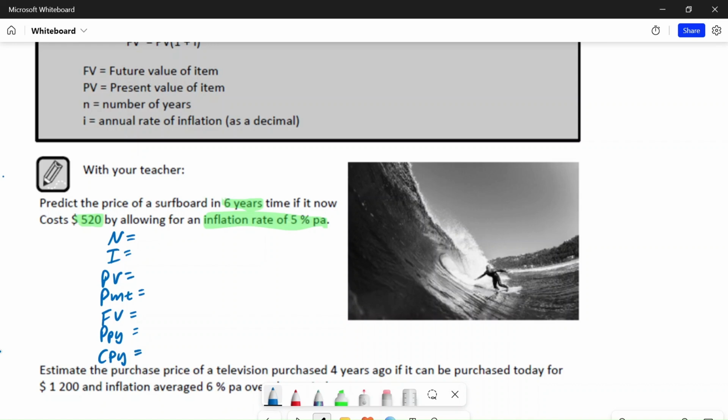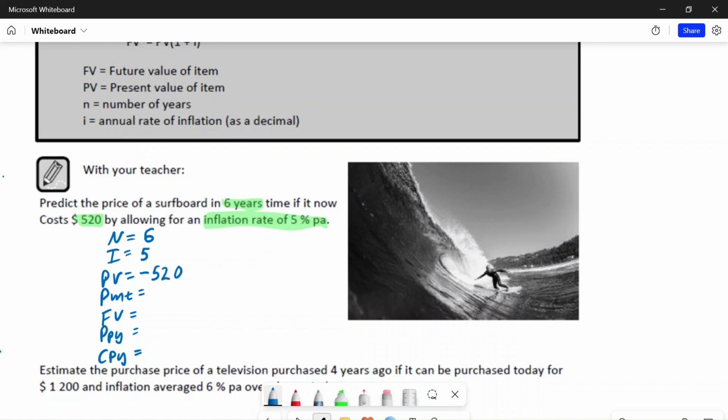Righto. So this occurs over 6 years. So there's 6 periods of inflation. Put a 6 for the n value. The annual rate is 5% per annum, so a 5% there. Now the present value, that is the original cost, or what it costs at this point in time. In this case it's $520. I'm going to make that a negative.